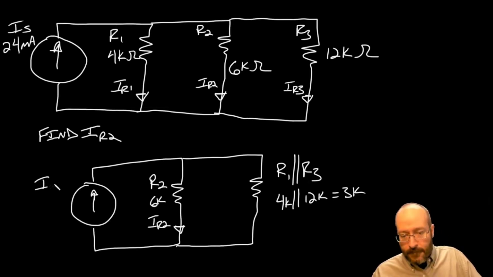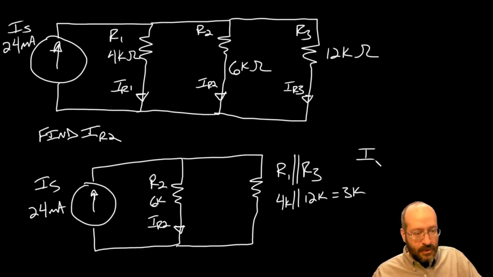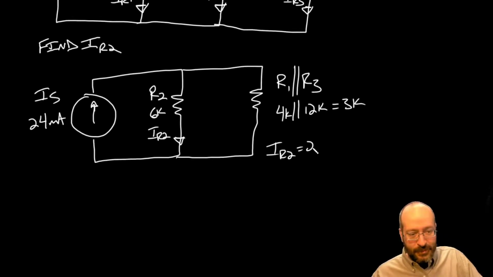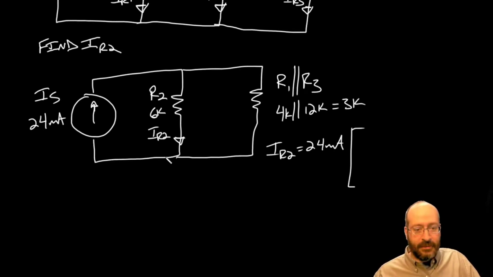Now in this form, we can apply the current divider. So we can say IR2, I'll stick it out here. No, I won't. Not even nearly enough room to do that. Let's stick it down here. IR2 is equal to 24 milliamps. Okay, and then we have our ratios of resistance.